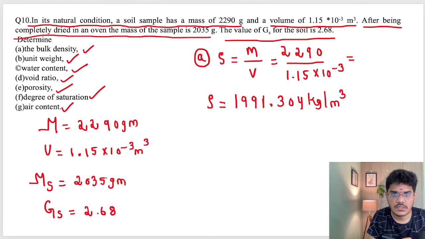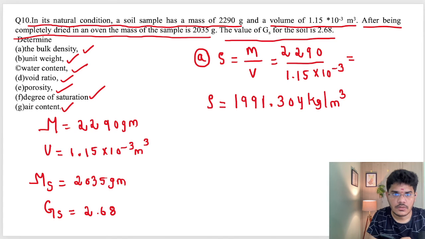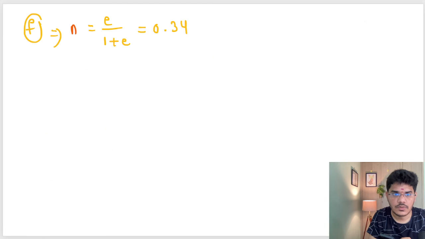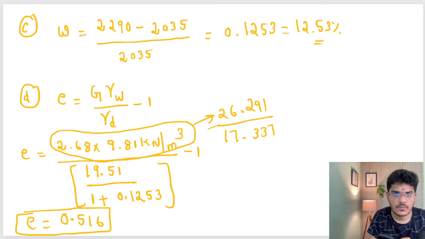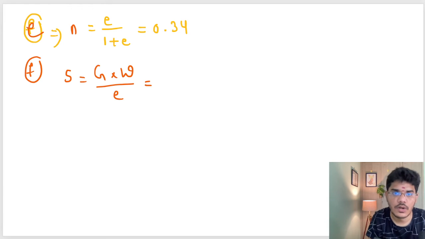Next, again, what has been asked in the question? Degree of saturation also we have to calculate. I think this is D, right? This is E. E is porosity. Okay. Next, F is degree of saturation. S, how can we calculate? G into water content divided by E. This G value is how much? 2.68, he has given.